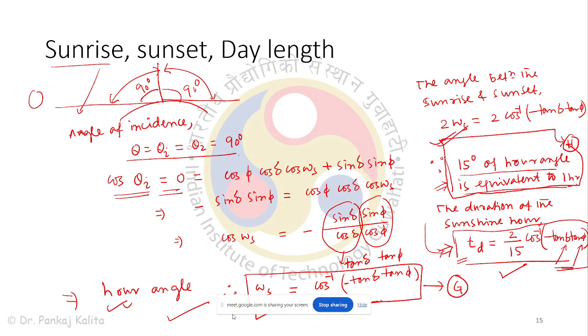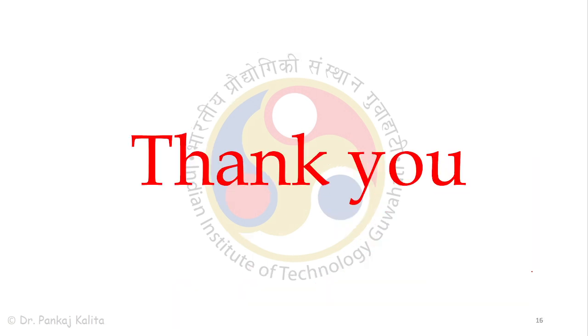Based on this point, we have got this equation, that you need to remember: the hour angle is calculated by cos inverse of minus tan delta tan phi, and based on this hour angle we can calculate the duration of sunshine hours, td, which will be 2 by 15 cos inverse of minus tan delta tan phi. So these are the important formulas that you need to remember, right?